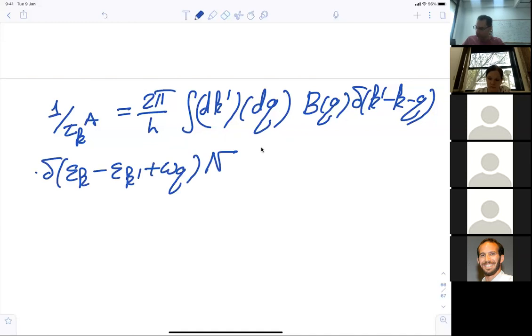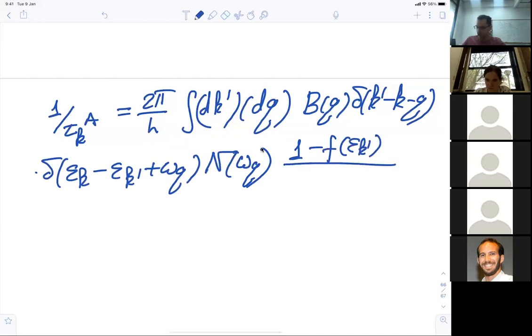It's absorption, so we need to have a pre-existent phonon. And then the factor that I just derived for the detailed balance condition.